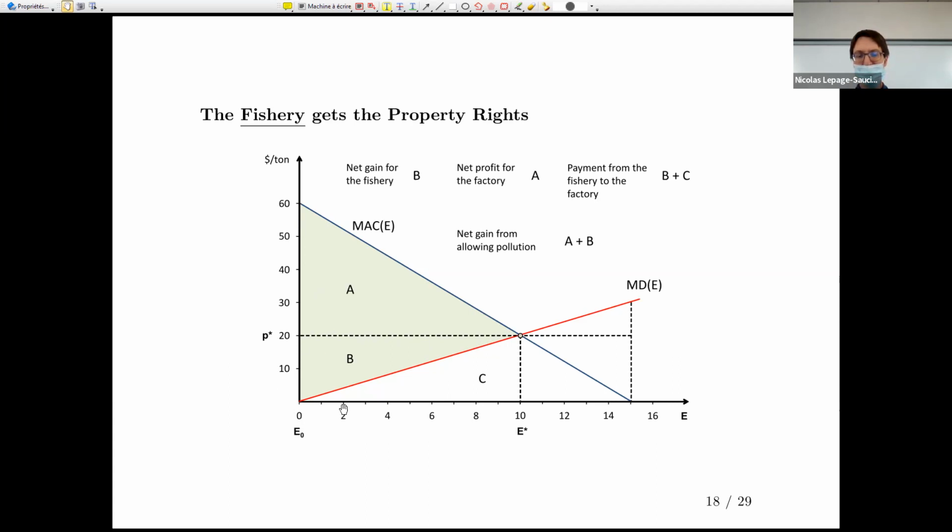So imagine, for instance, that you own the right to the river and you are the fishery. And you can set the price as well. So what you want is to extract as much money from the factory as possible. The market efficient price is P star. But what happens when you are a monopolist and you can decide jointly the market price and the quantity?